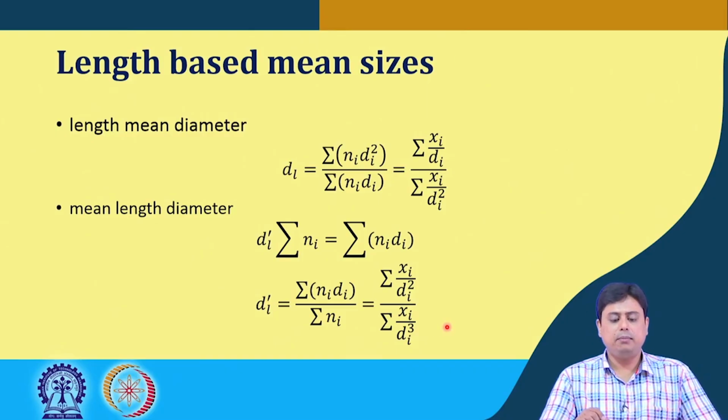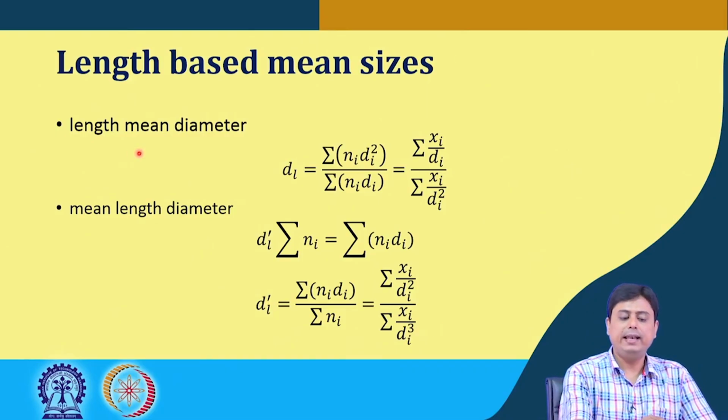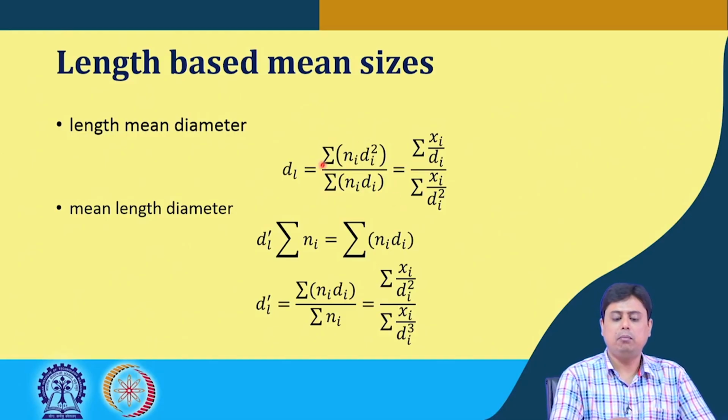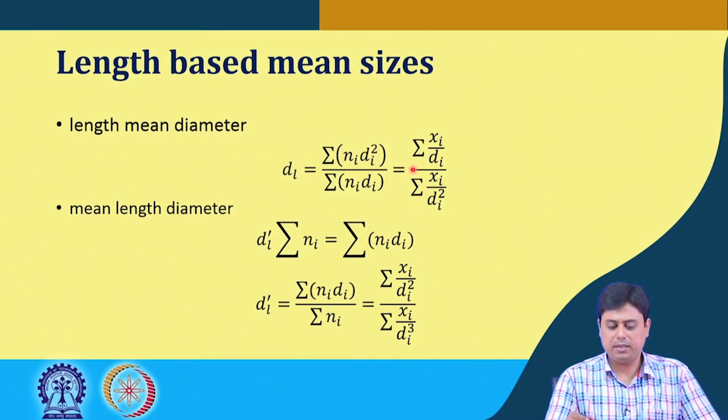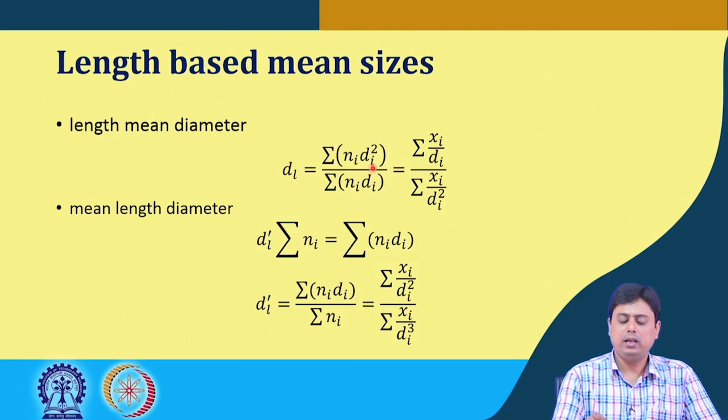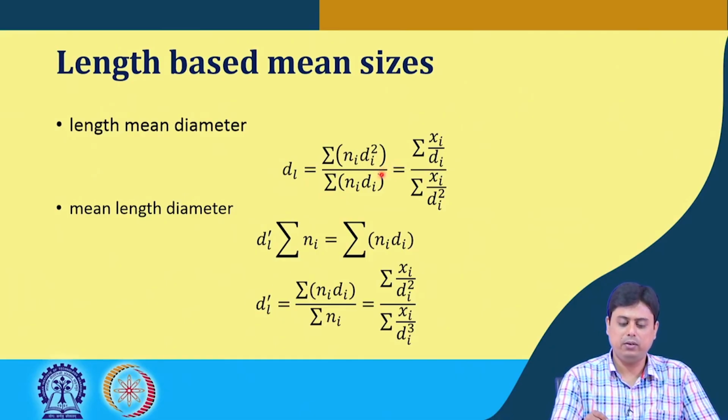For the length based mean sizes, the length mean diameter is defined by this expression, where this is Ni and Di square. Now length is basically proportional to the linear dimension, so there is no necessity of expressing that with another proportionality constant. It becomes this expression for the number distribution, and this is with the mass fraction distribution.